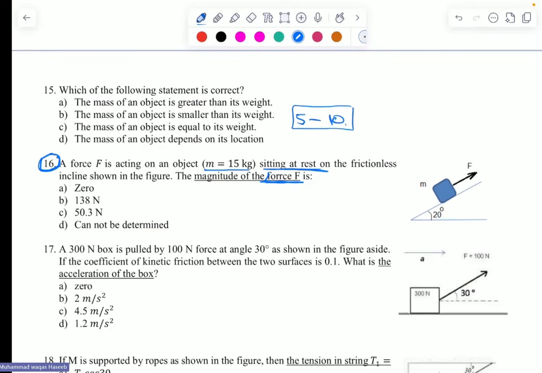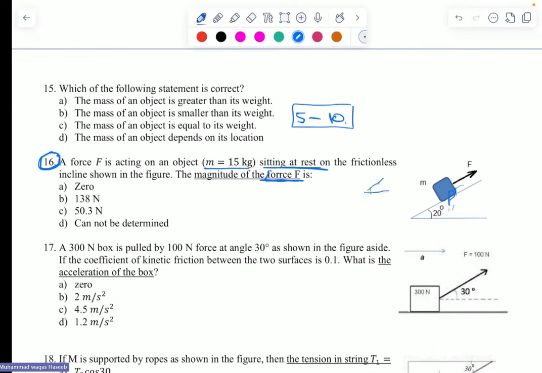If you see the force, it is related to its weight and this angle. Now you have two components of this force, the x component and the y component. So you have the force components F sine theta and F cosine theta, and your F is nothing but your weight, which is mg.